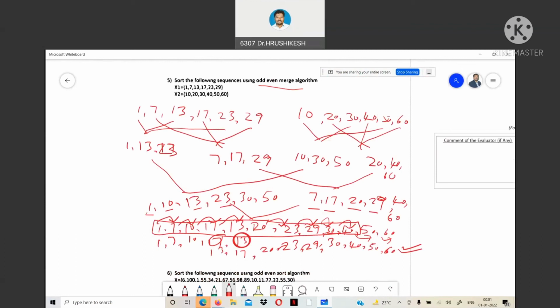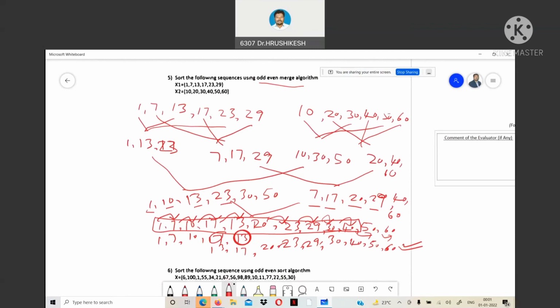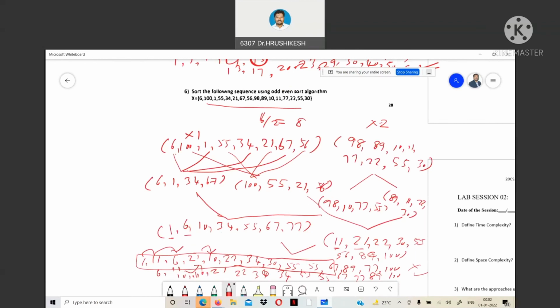From the two lists, odd index portions are merged, and even index portions are merged, and it will continue. And in odd even sorting algorithm, a single array is given. We are computing the middle element and dividing that into two portions, and the same knowledge of odd even merge we are applying to odd even sorting algorithm.